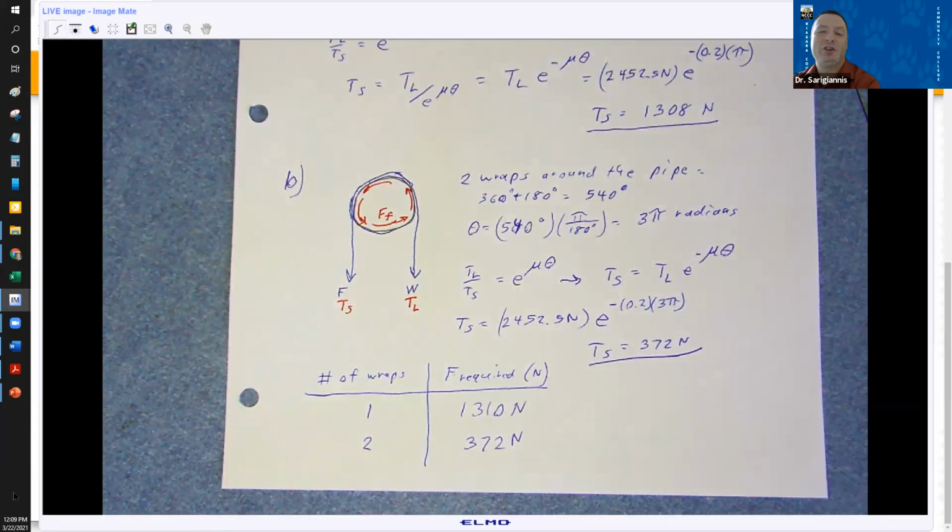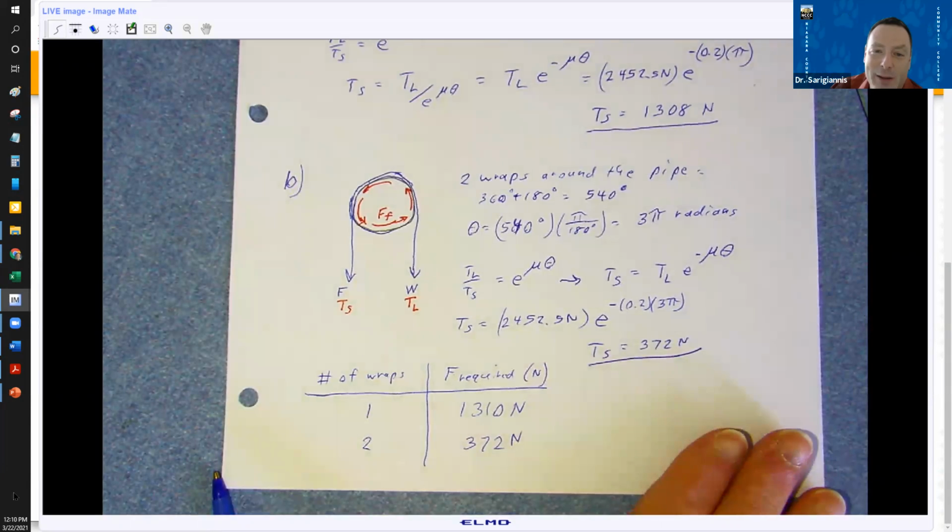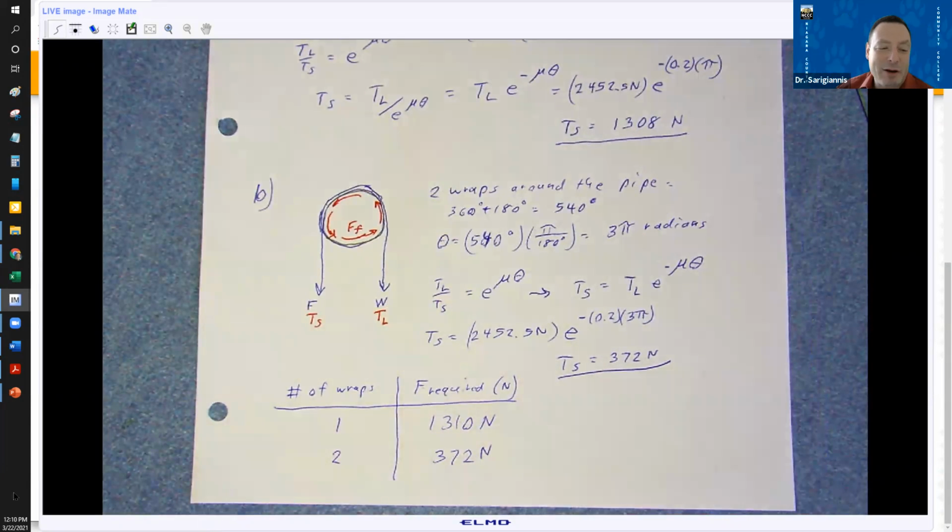It helps you support a load in this scenario. I just want to go back real quick. Are there any questions specifically about this problem? And then I want to go into the PowerPoint, point out one thing.